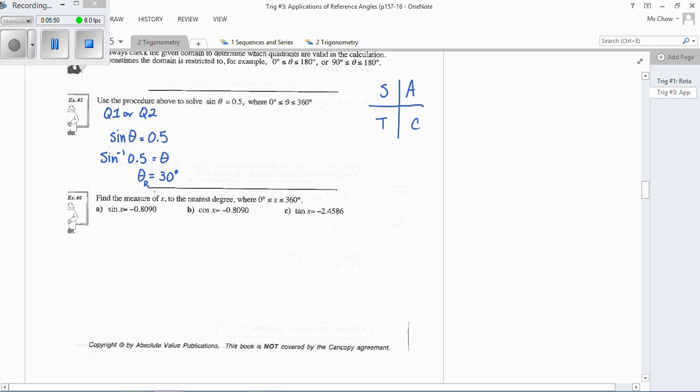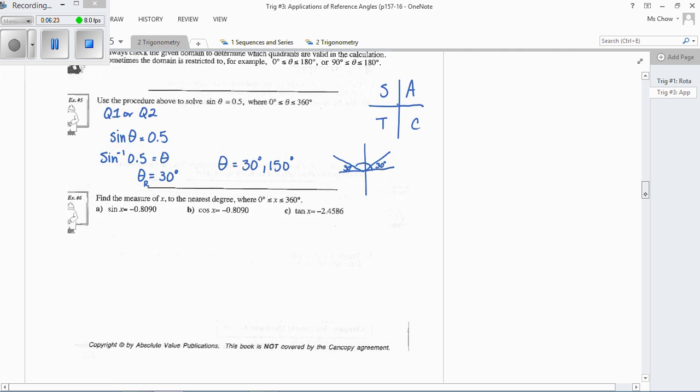Let's draw another axis here. In quadrant 2, here's my reference angle of 30 degrees. So the actual rotation angle is going to be 180 minus 30 degrees, and therefore theta is either equal to 30 degrees or 150 degrees.